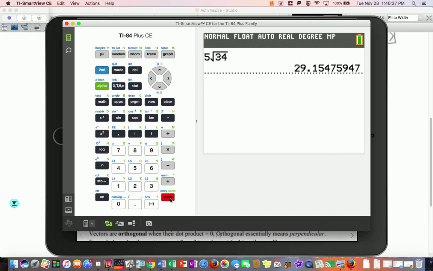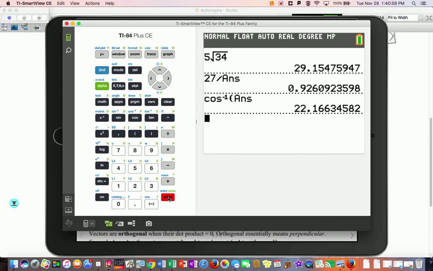So that's my bottom number. I'm going to take 27 and divide by the denominator. Then I'm just going to press second negative, and then you should get a decimal. And then when you go second cosine, second negative, I'm getting 22.16.